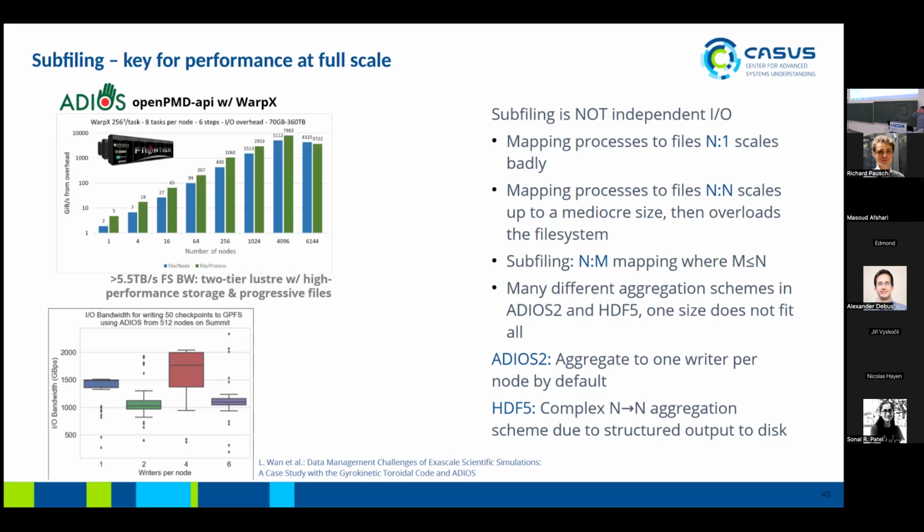So generally, what subfiling is about is some compromise between these two extremes by writing from n processes to m files where m is a smaller number, which means that there are going to be aggregation schemes in order to aggregate data from several processes to one. And there is not one single aggregation scheme.